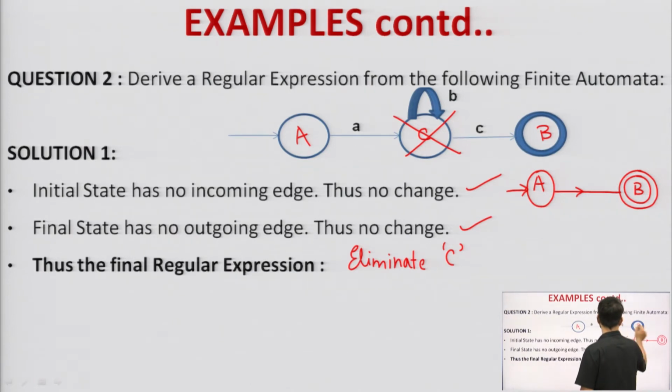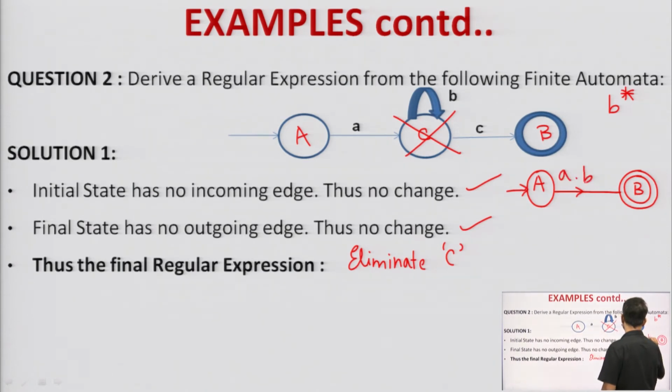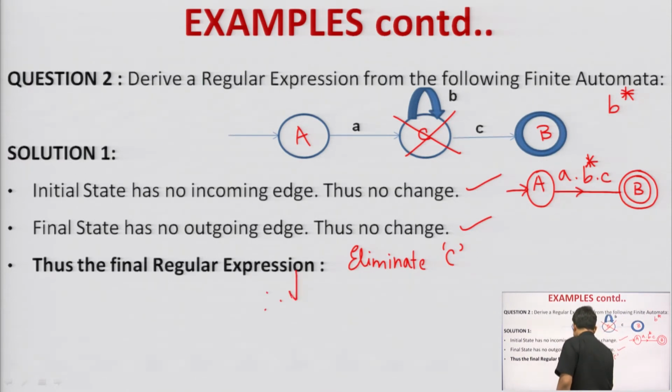This B loop means B to the power Kleene closure, and this B is in another transition, A is in another transition, C is in another transition, then it will be A dot B Kleene closure dot C. Therefore, the final expression will be A B Kleene closure C.